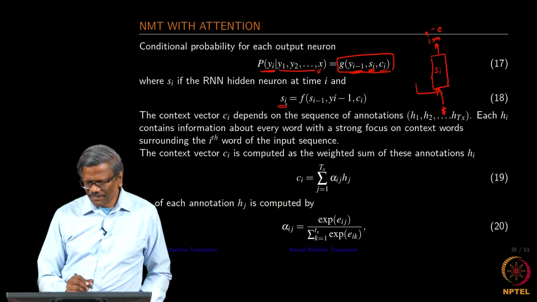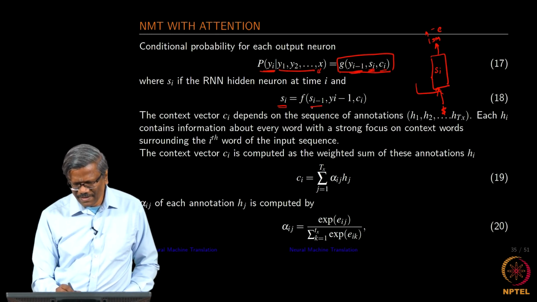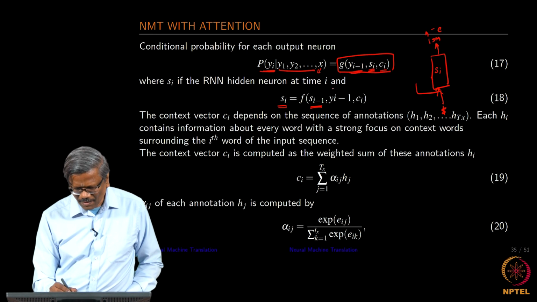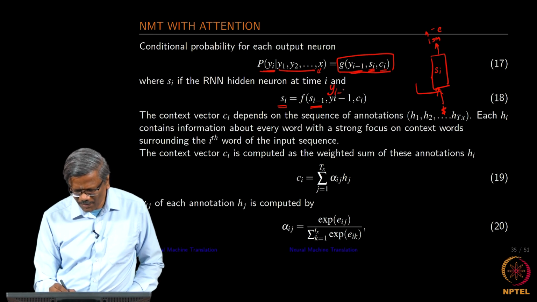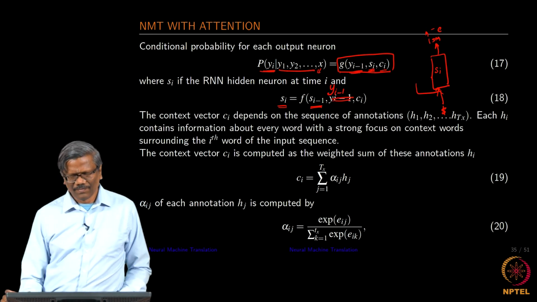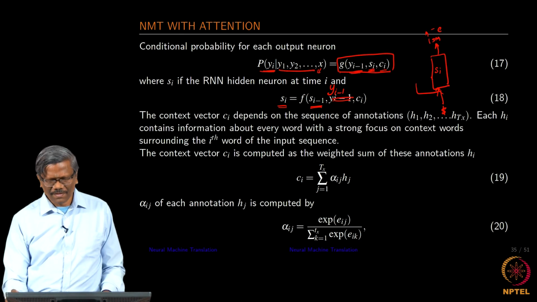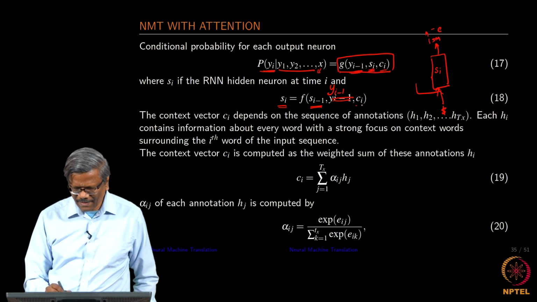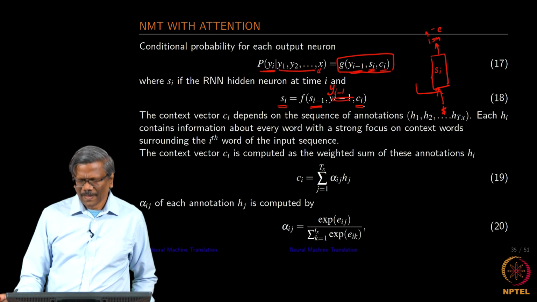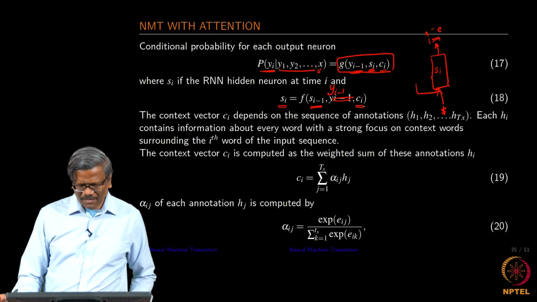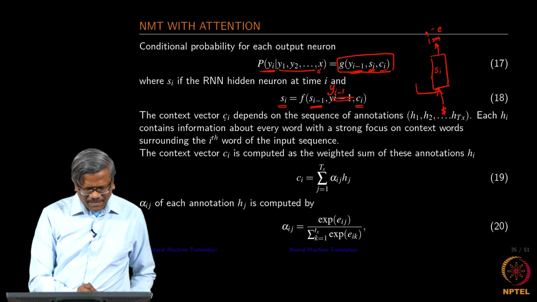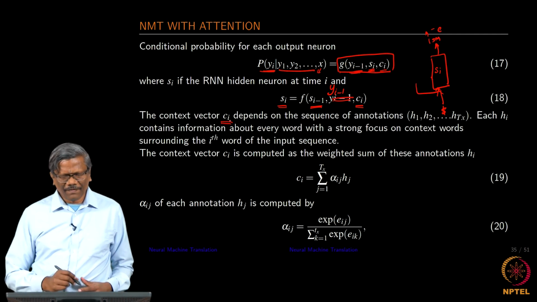Then Si is a function of the previous state. This should be yi minus 1, the previous output, and the context coming in from the encoder, right. And now, we need to find out what is Ci.